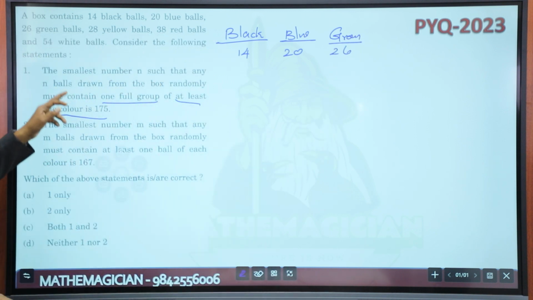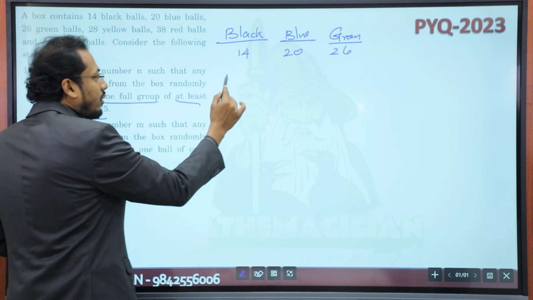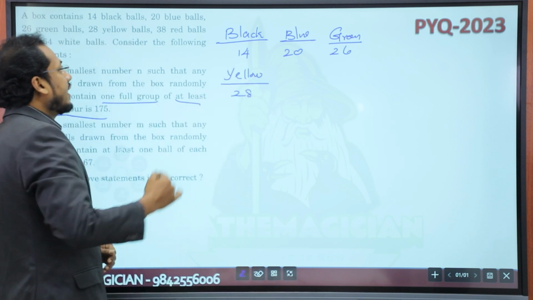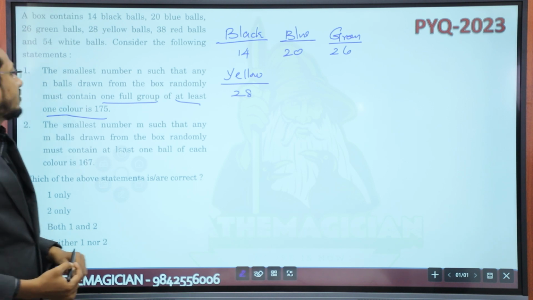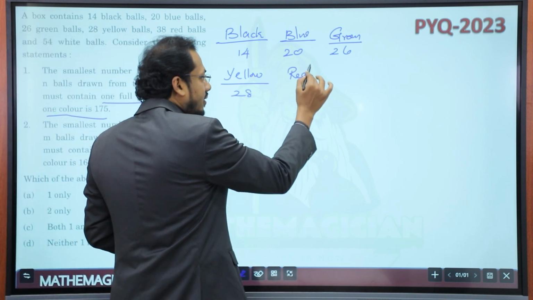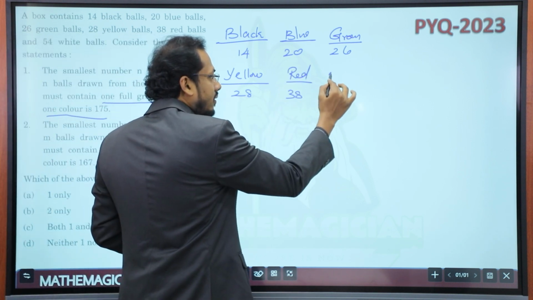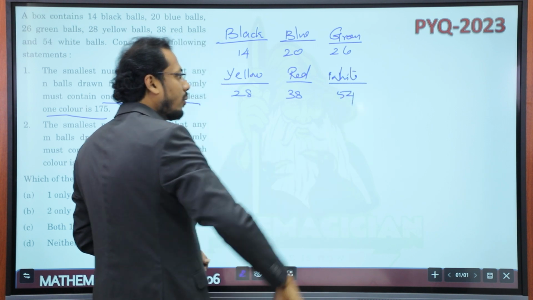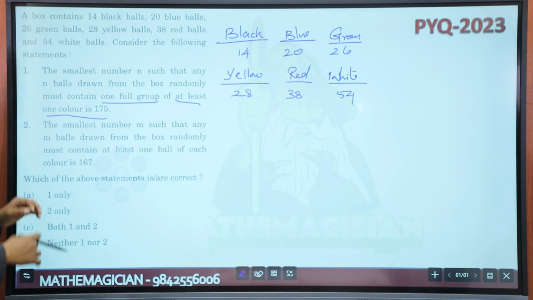Green 26, then 28 yellow. Yellow 28, 38 red, 54 white. White 54. Okay, everything is given.